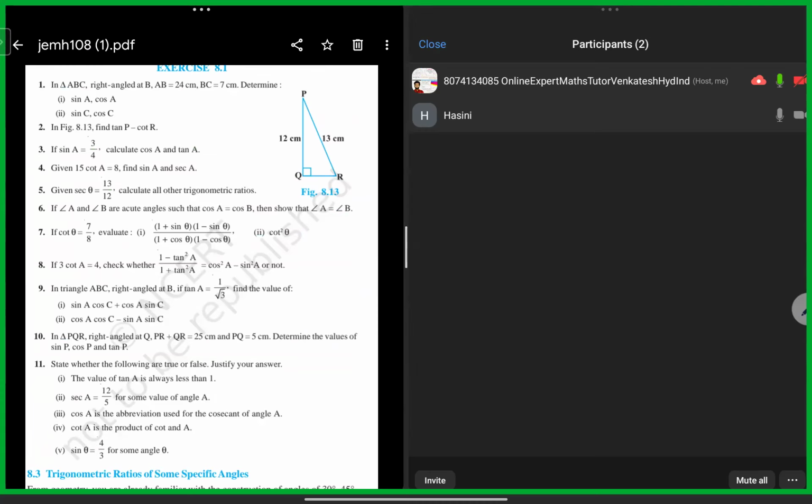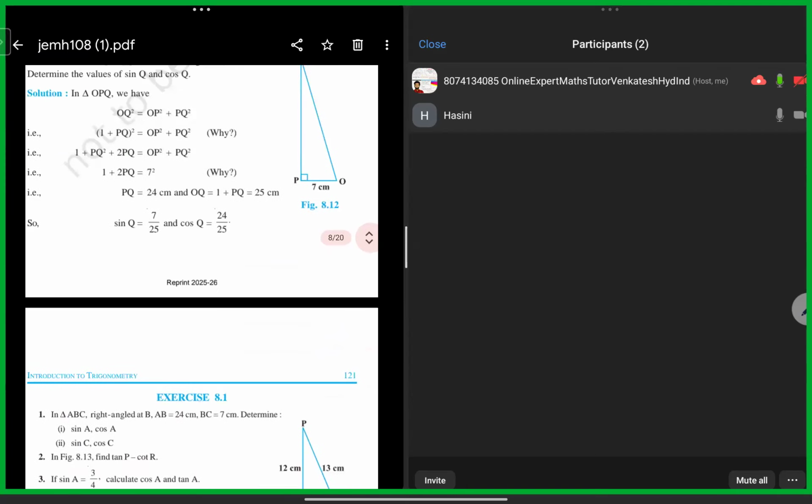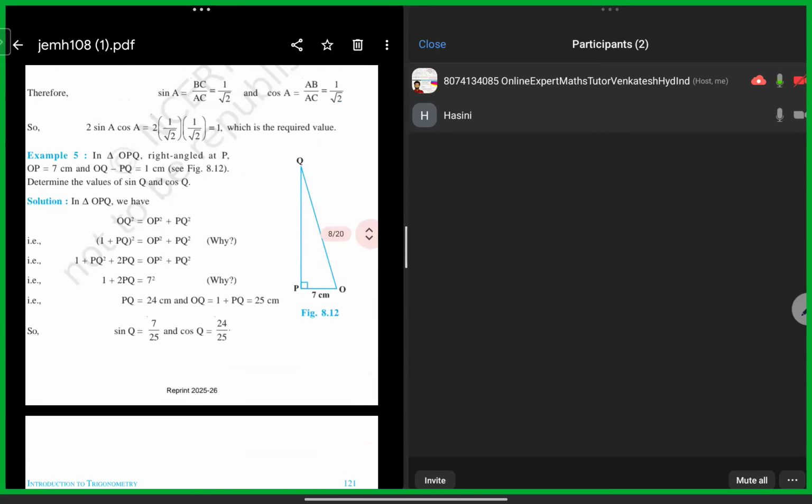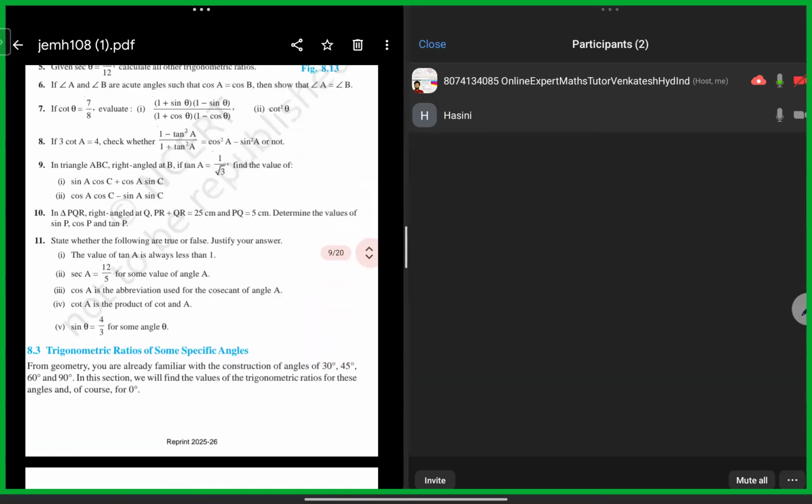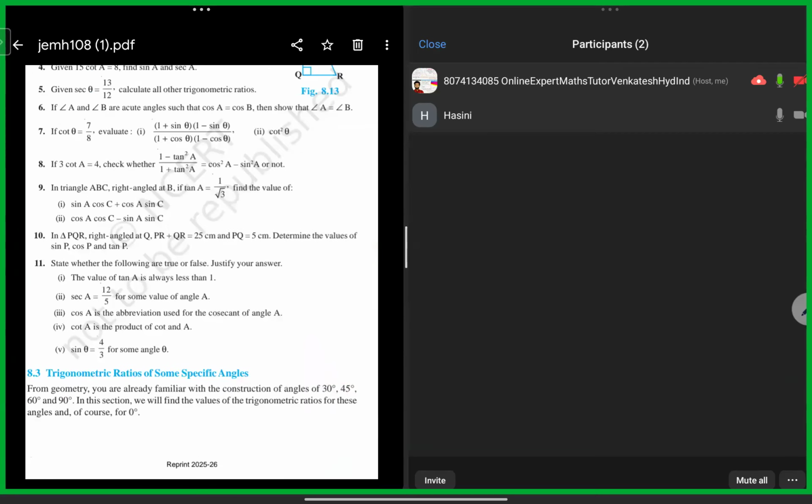Here PR plus QR is given, whereas in the one we just did, the difference of the sides, OQ minus PQ, was given. Here the sum of the other two sides is given as PR plus QR.